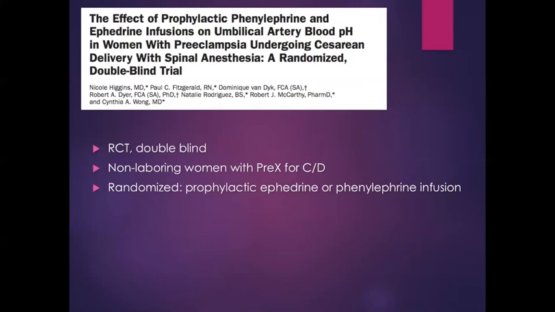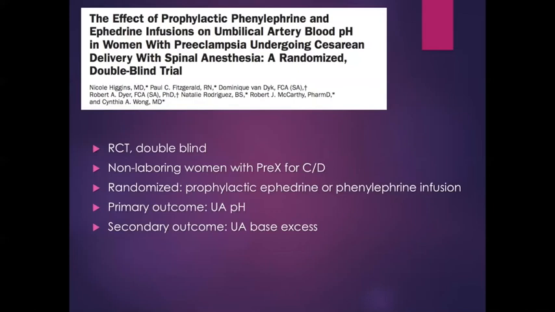We modeled our algorithm for the treatment of blood pressure on the initial protocols described by Ngan Kee in his landmark work in healthy women. Our primary outcome was umbilical arterial pH, and the secondary was umbilical artery base excess.